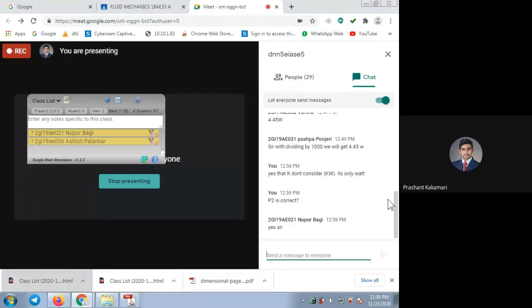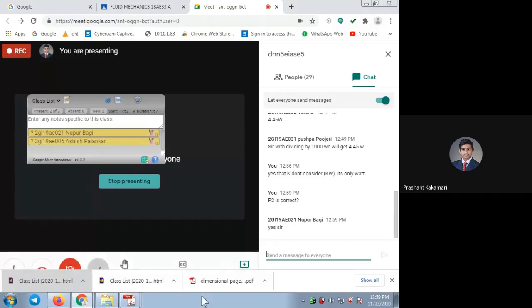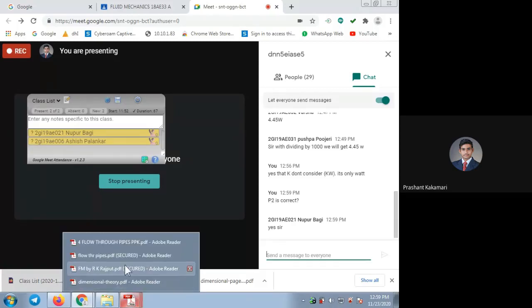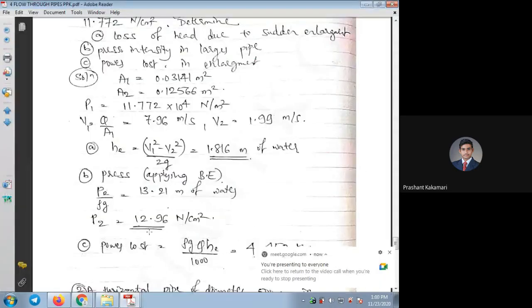So the last column P2 value is correct. If anyone has checked the P2 value, please mention. Here it is 12.96 Newton per centimeter square.